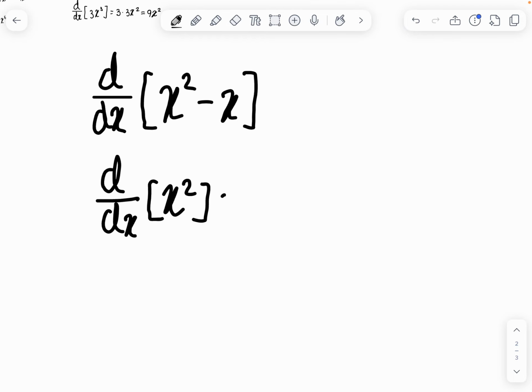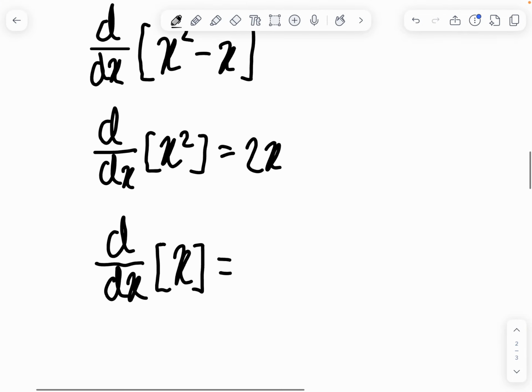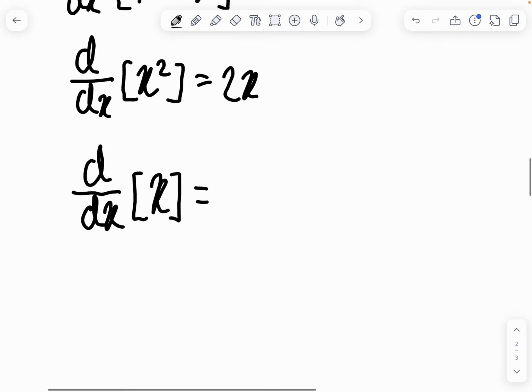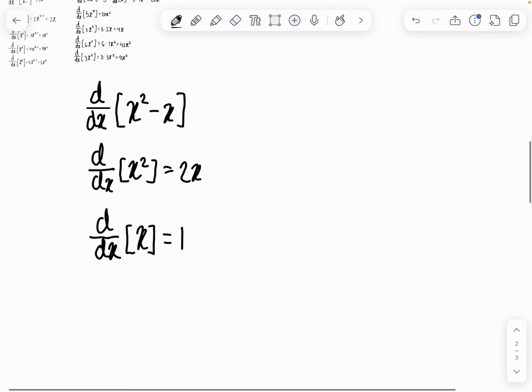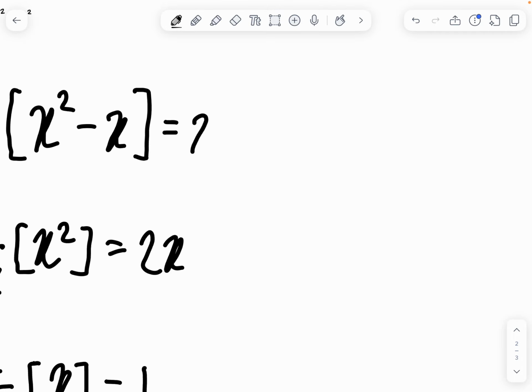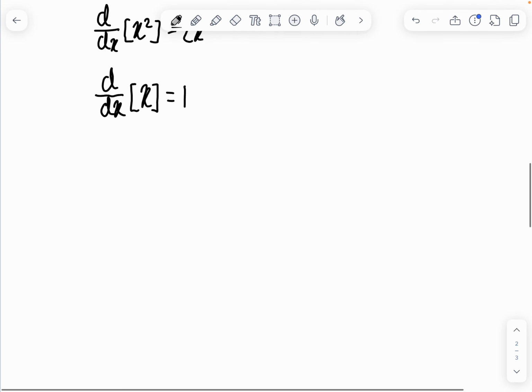That equals 2x, and the derivative of x equals 1. So, connecting this, our derivative would be 2x minus 1. Okay, let's do a harder question.